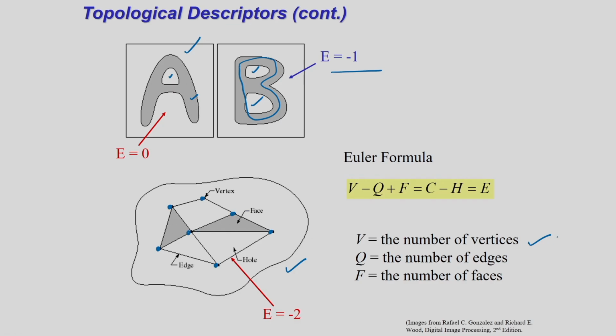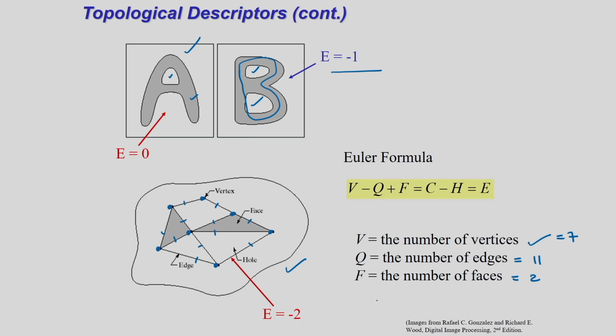So the number of vertices will be 7 in this figure. And how many edges can you calculate? Edges will be 1, 2, 3, 4, 5, 6, 7, 8, 9, 10, 11, so the number of edges will be 11. And the number of faces, I have two faces, so it is 2.